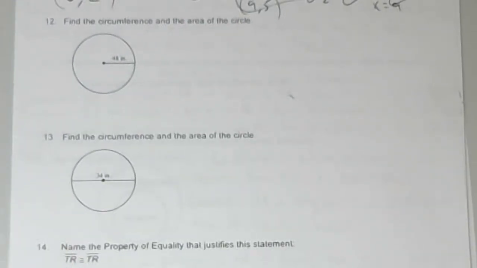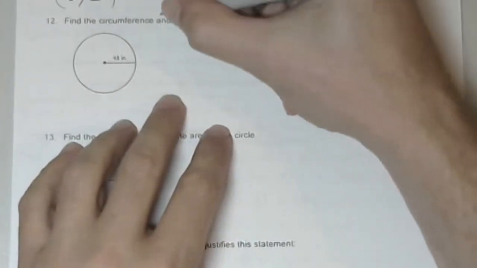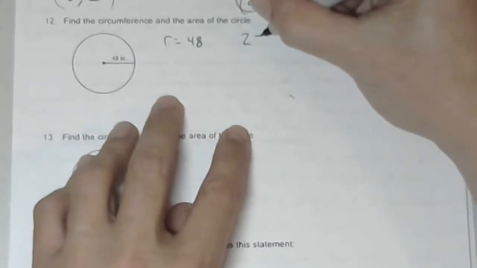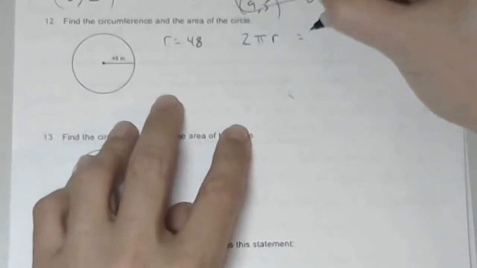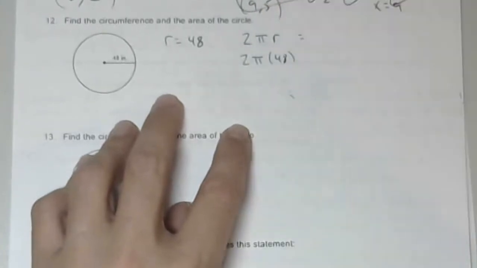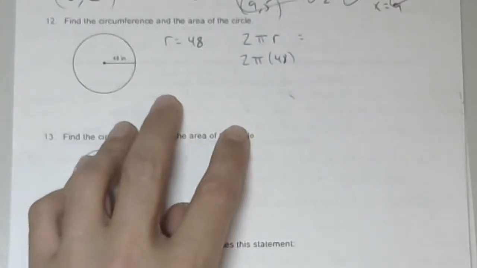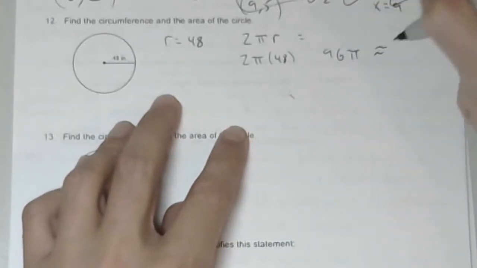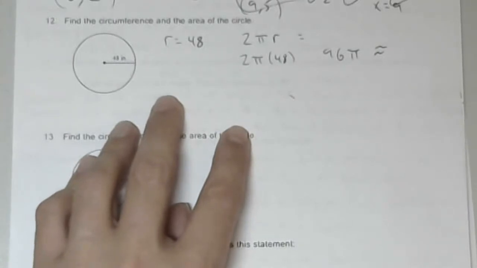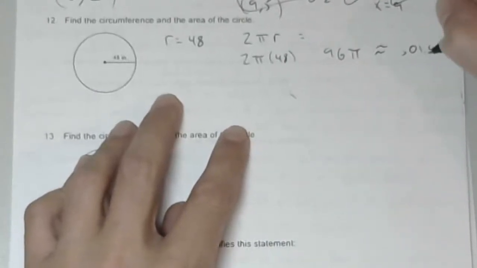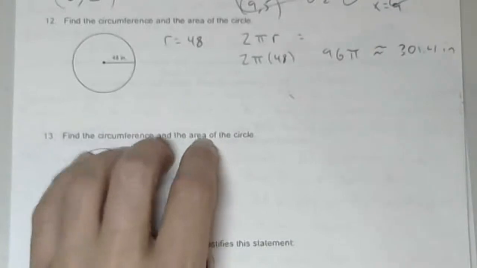Number 12, find the circumference and the area of the circle. All we need is the radius. r equals 48. We're in inches. Circumference is 2 pi r, which is 2 pi times 48, which is 96 pi, or approximately, I'm going to use 3.14, 301.4, and we're in inches.